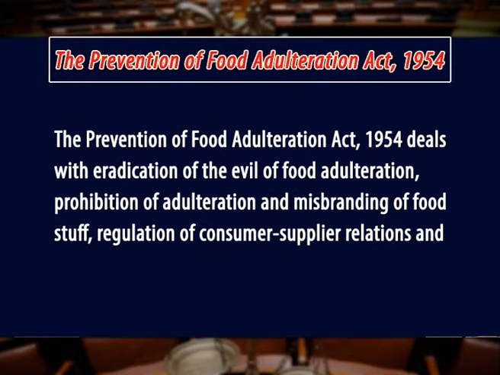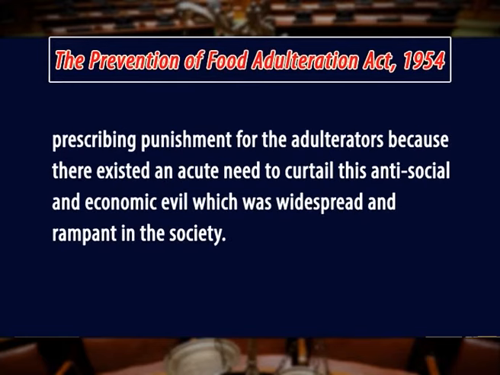The Act deals with the eradication of the evil of food adulteration, prohibition of adulteration and misbranding of foodstuff, regulation of consumer supply relations and prescribing punishments for the adulterators, because there existed an acute need to curtail this antisocial and economic evil, which was widespread and rampant in society.